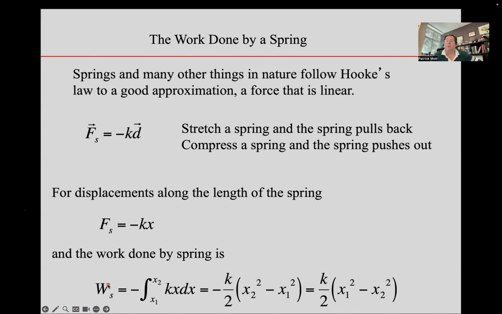Since the force is linear in position, this work done by a spring gets much larger, much quicker as x gets bigger. So it's a quadratic function.